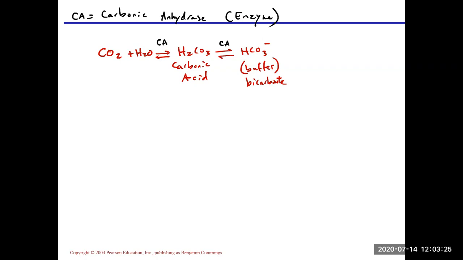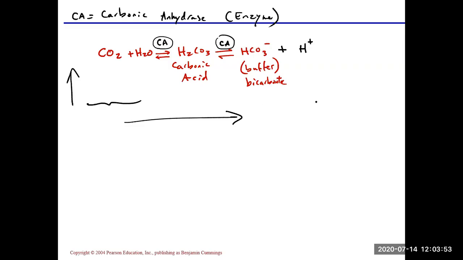So let's go ahead and analyze this. If you have a higher amount of carbon dioxide and there's plenty of water, then the reaction is going to shift this way. Of course, this one is plus hydrogen ion. So the reaction is going to go towards the right in this case. But remember that this enzyme can catalyze this reaction either way.